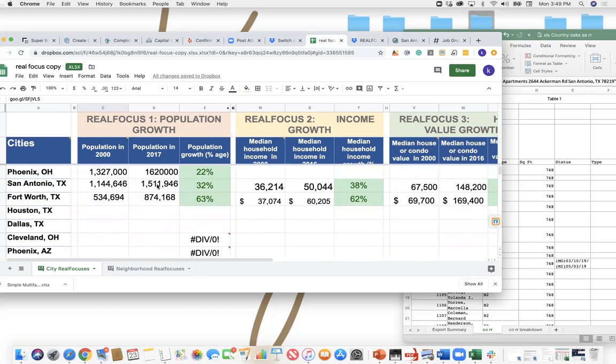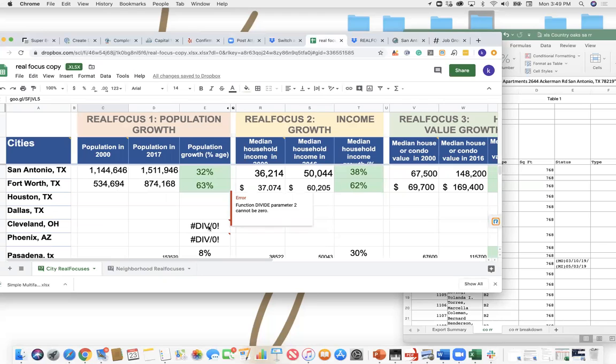Right here you can see that we have this delta, 32%. What's cool is this is already done for me, since I've already underwritten this market. It's pretty easy. Whenever you're doing it, you pop in your delta or your change, what's on that chart in 2000 and 2017, and I have formulas already built in.